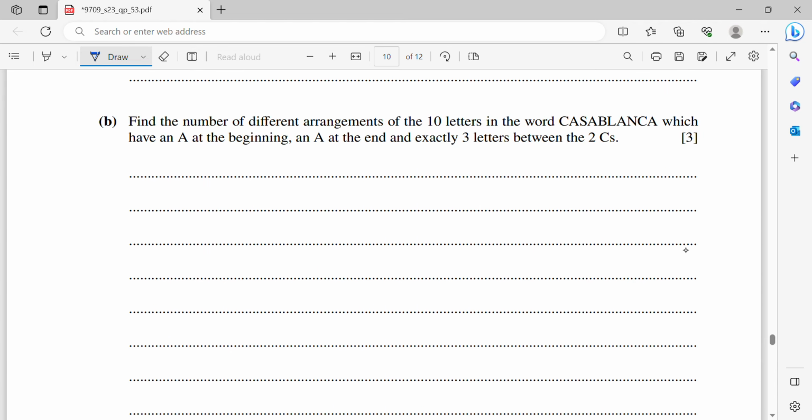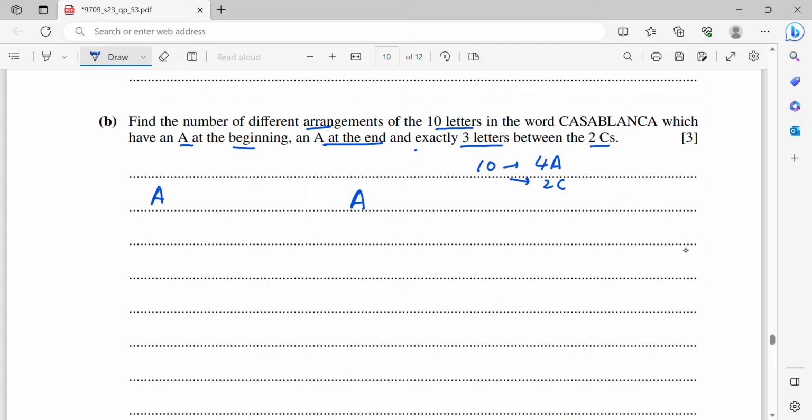Okay, now part B. Find the number of different arrangements of the 10 letters in the word which has A at the beginning, A at the end, and exactly 3 letters between the 2 C's. So now A in the beginning, A at the back, and the total is 10. Remember, there are 4 A's, 2 C's, and exactly 3 letters between the 2 C's.